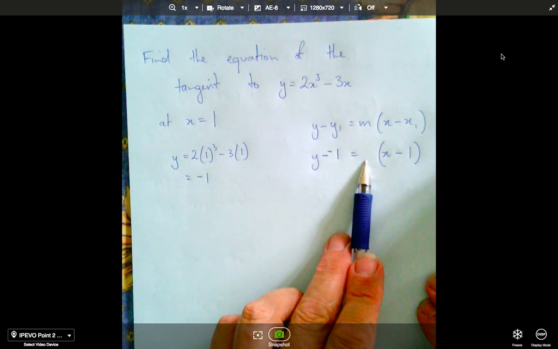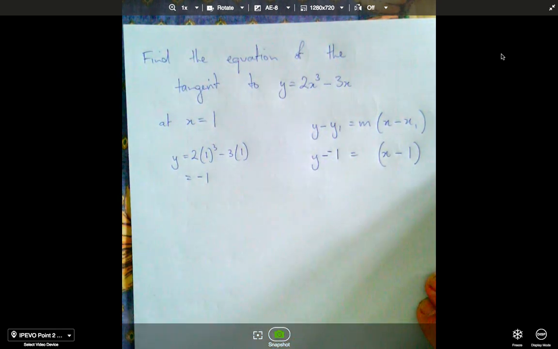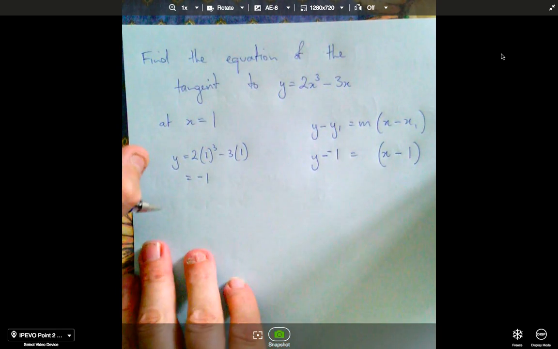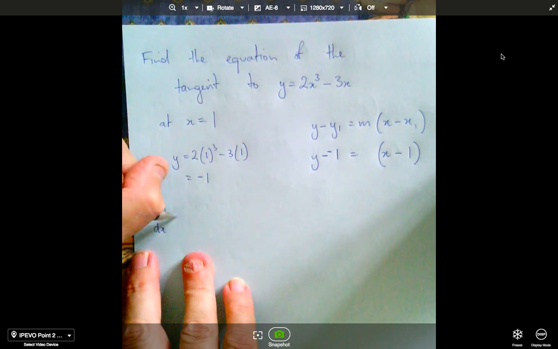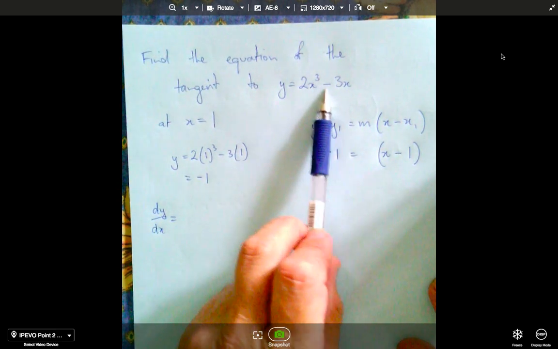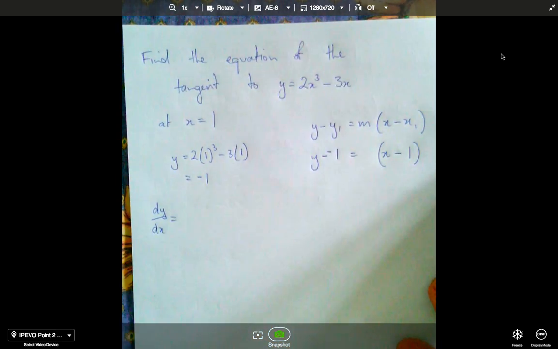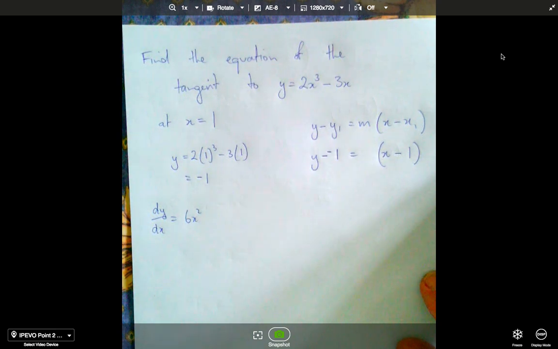Now what we have to do is find the m, the gradient. Okay, this is our point. This is our x1, y1. We want to find our gradient. What gives us the gradient? dy dx, or the derivative. So we go back to our equation, y equals 2x cubed minus 3x. What is the derivative? 3 times 2 is 6, x squared, take the power down by 1, minus 3.